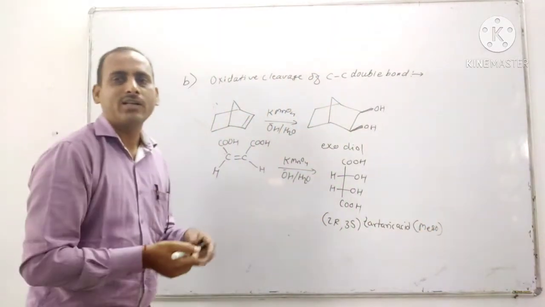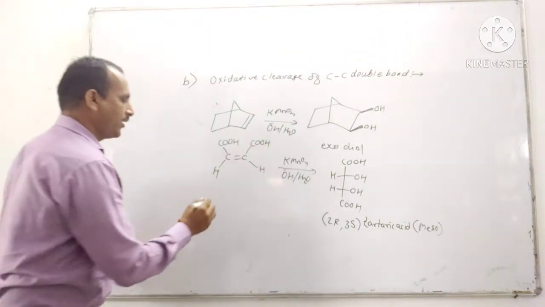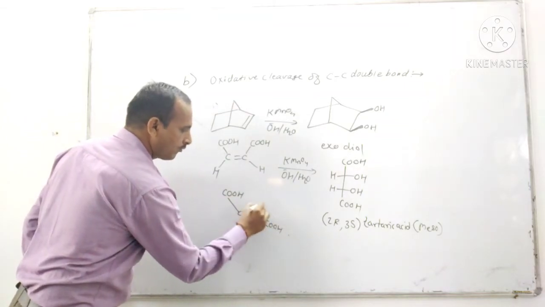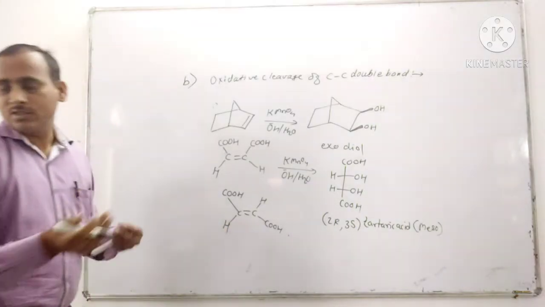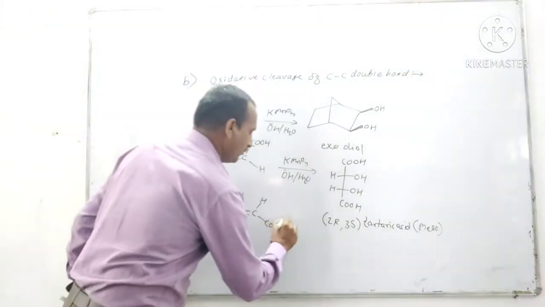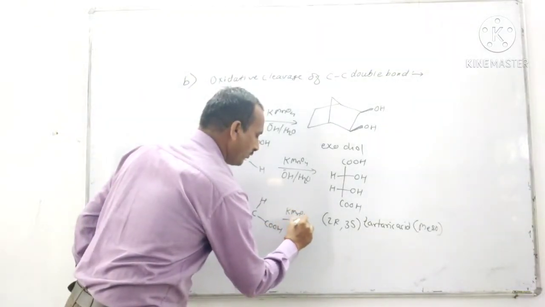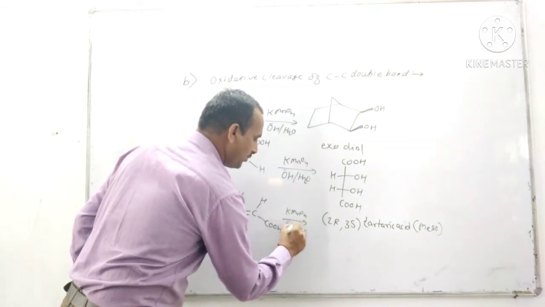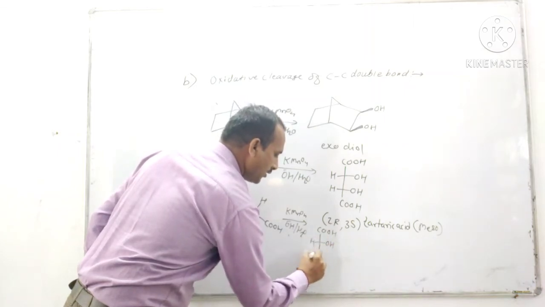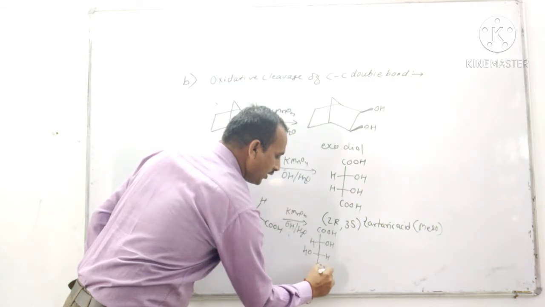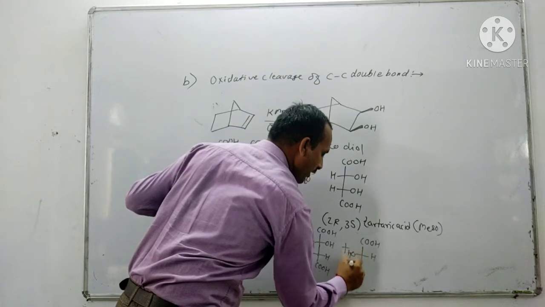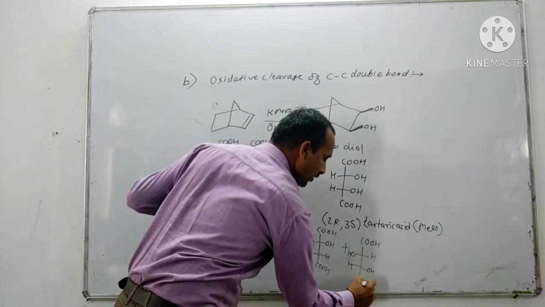If we take fumaric acid, then the enantiomeric pair is formed. KMnO4, OH minus, H2O, it gives COOH OH H, HOH COOH and COOH, HOH OH, H COOH.